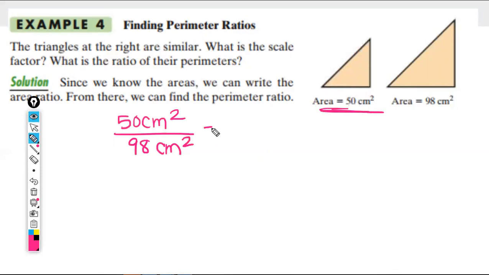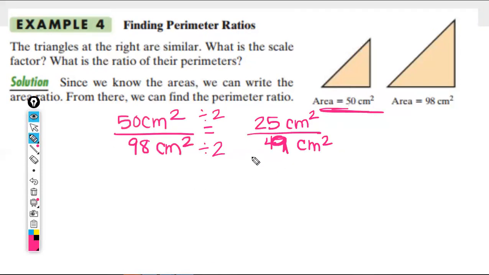So from there, the first thing I notice is I'm just going to simplify them because I can. So we end up with 25 centimeters squared over 49 centimeters squared. Oh my goodness, look at that. Those are perfect square numbers.